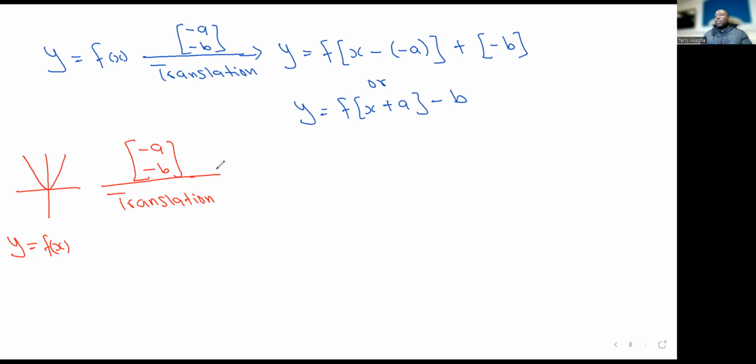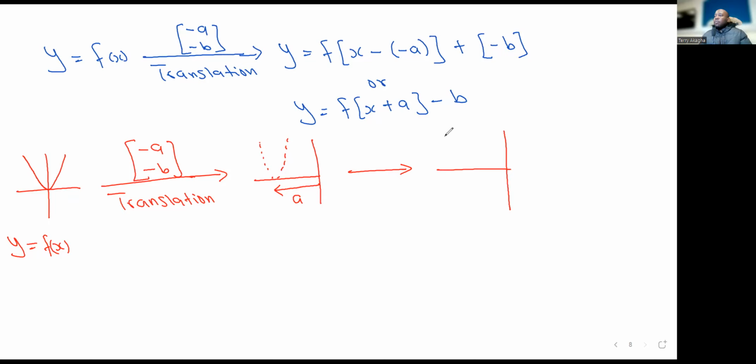Undergoing a translation, so what happened? Minus A means that the graph is going to move to the left by A units. And after moving to the left, it's going to come down by B units. So we're going to have a graph like this.